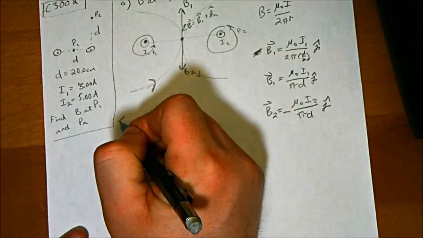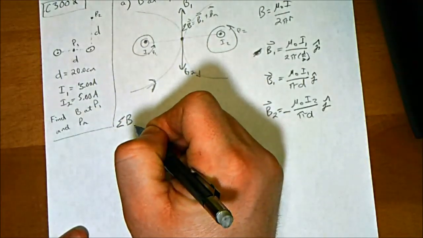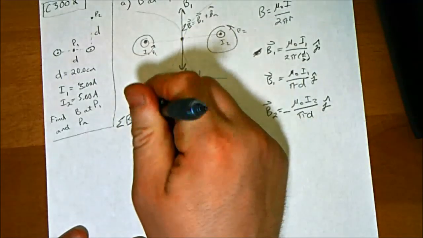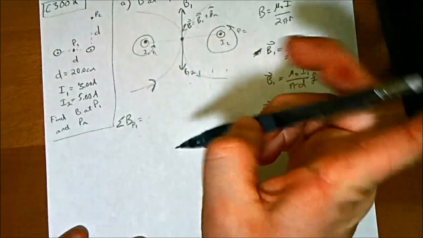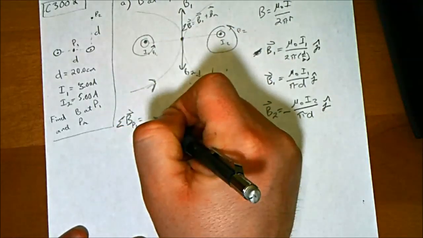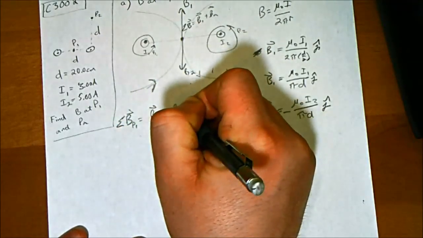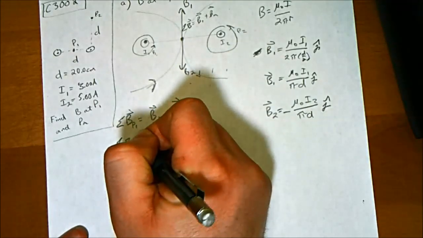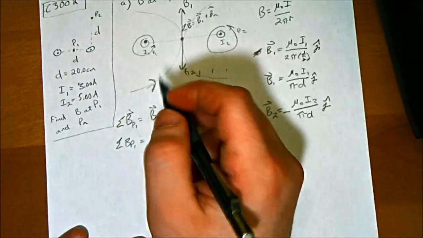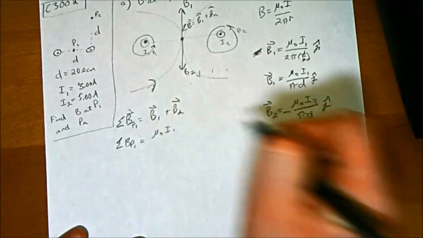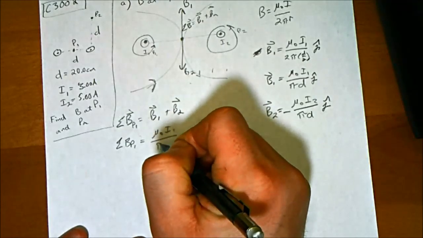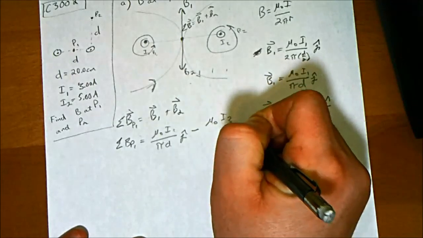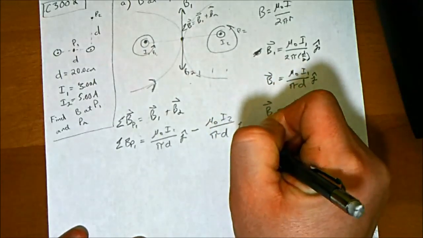So when we are asked to find the total field at point P1, that's just B1 plus B2. So the total field at point P1 is mu naught I1 over pi d j hat minus mu naught I2 over pi d j hat.